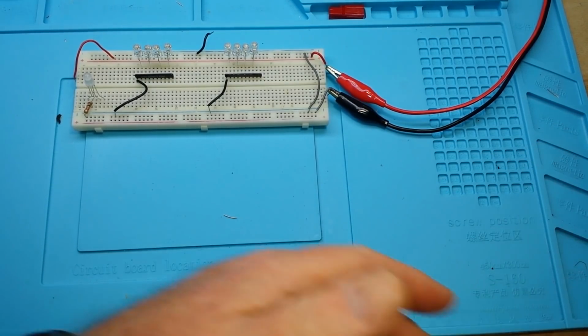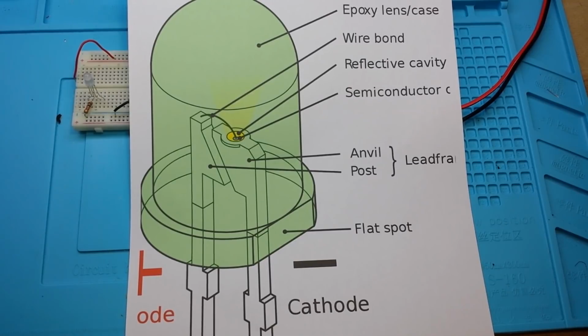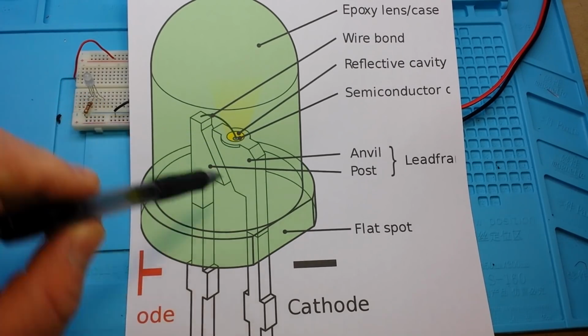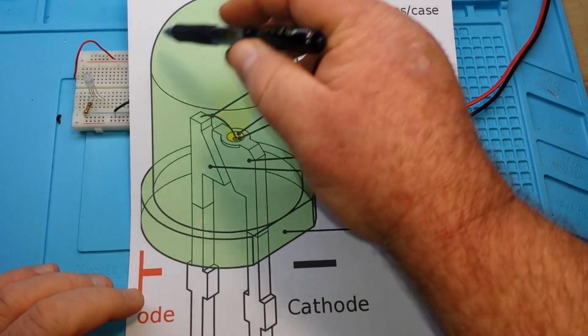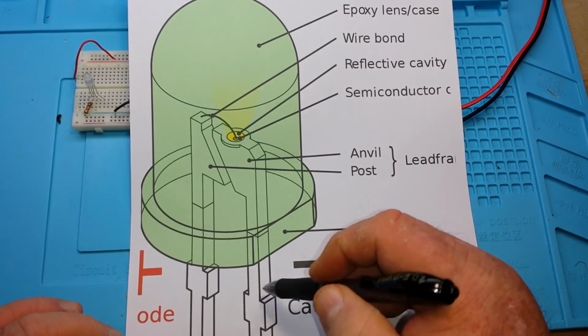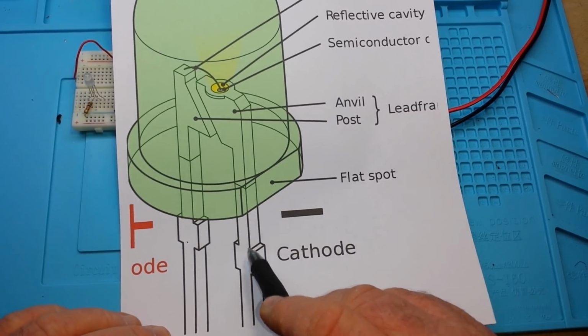So first, just a quick refresher on LEDs. This is your basic LED setup. You have your polymer casing. You have two legs, the positive, the anode, and the negative, the cathode.